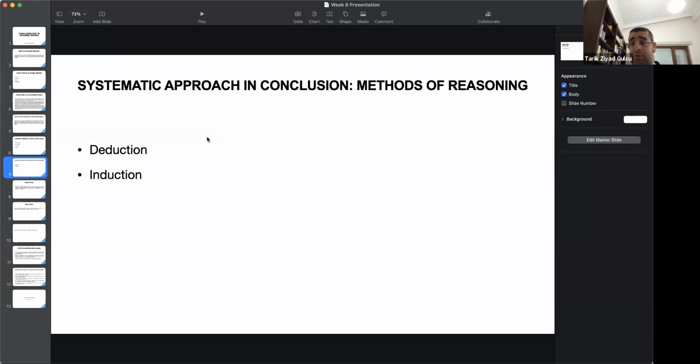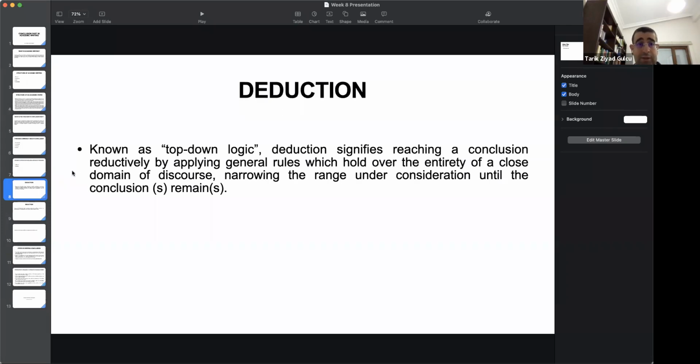In this sense, we will talk about the methods of reasoning, deduction and induction. We discussed all these, remember. Deduction, known as top-down logic, signifies reaching a conclusion reductively by applying the general rules which hold over the entirety of a closed domain of discourse, narrowing the range under consideration until the conclusion remains.